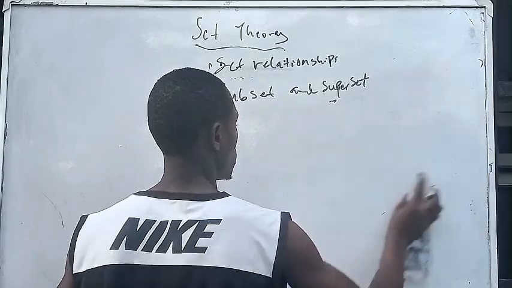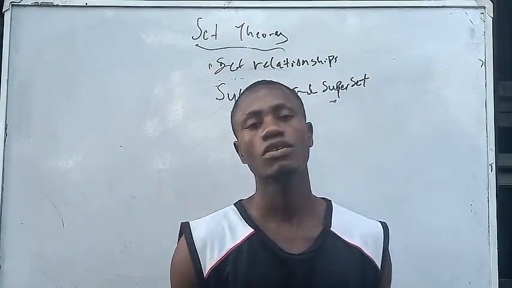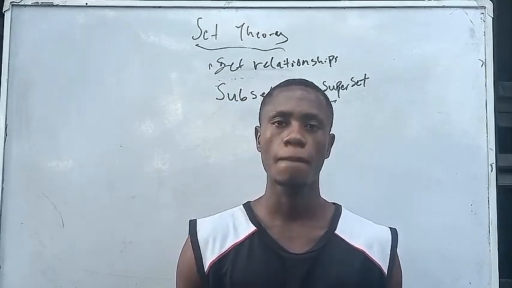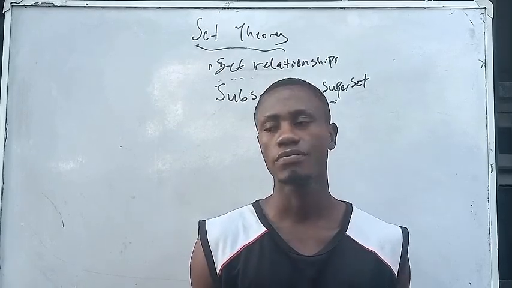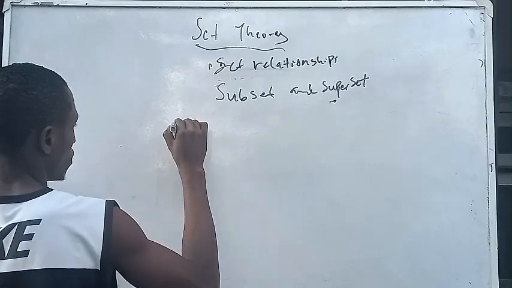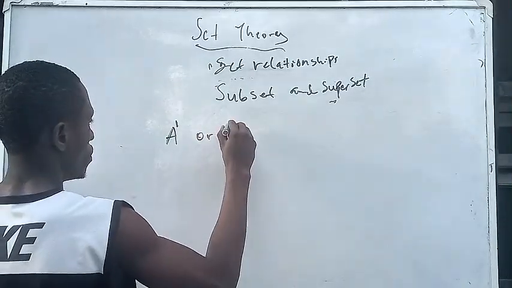Next thing we're going to be looking at is another terminology: complement of a set. When we mean complement, what does it mean? Now, you see a notation like this, right? For example, or this.